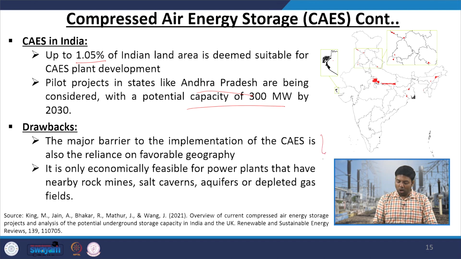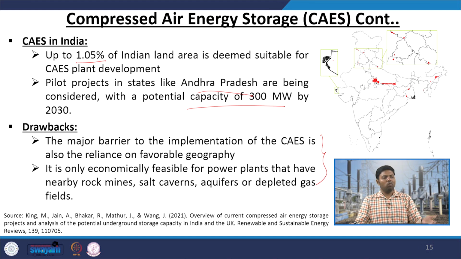But the major drawback for building CAES is that first you have to have an underground chamber to store the air at high pressure. That is difficult, because mostly it is done where coal fields exist, like when you take out all the coal and you have an empty coal mine. There we normally build it, but the favorable geography for this is not very common in our country.